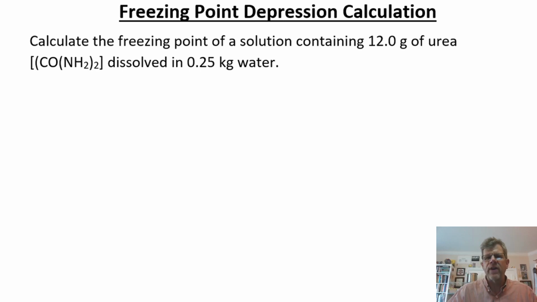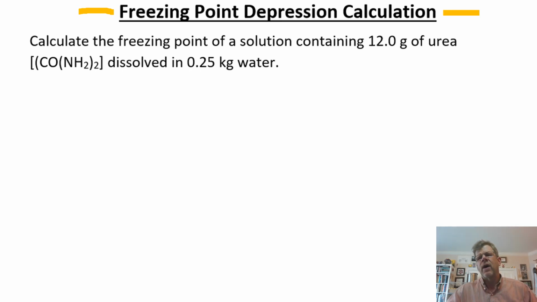We know this is a freezing point depression calculation, so we'll know how we're going to go about this. To know the amount that the freezing point is depressed from the original freezing point of the pure solvent, we have to know the molality. That's where we're doing the most work here, the heaviest lifting, if you will.